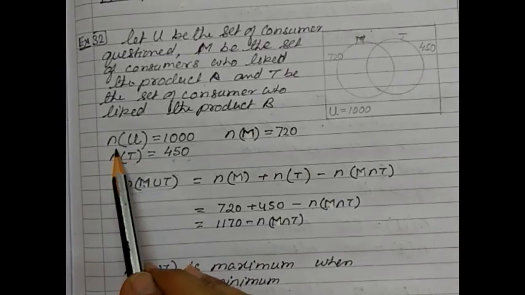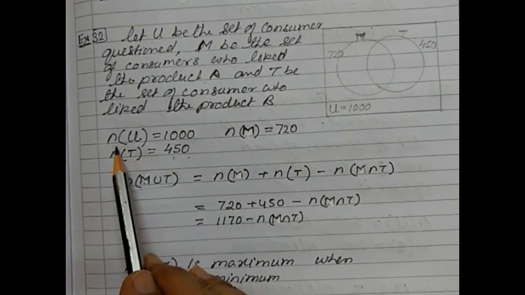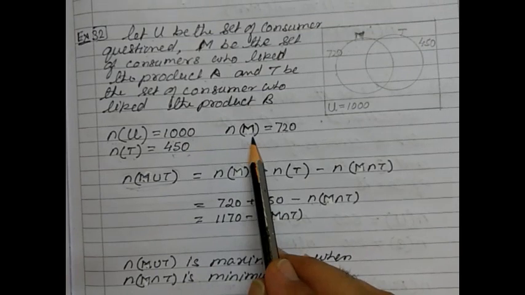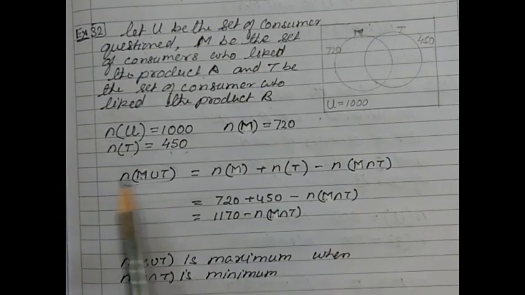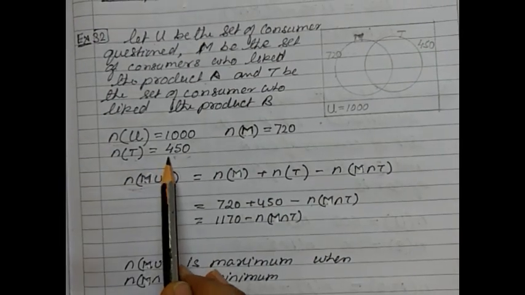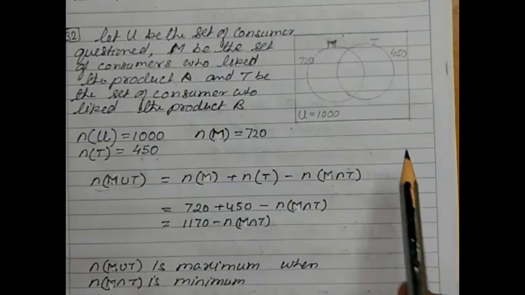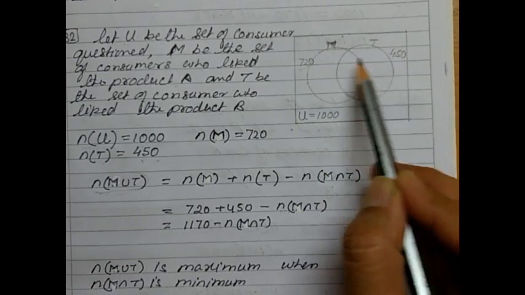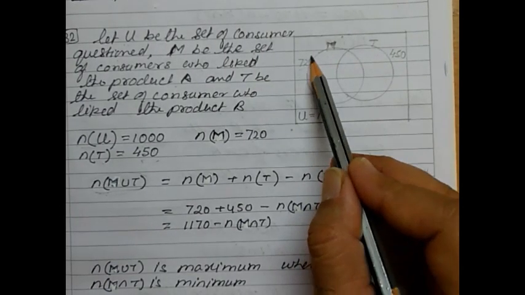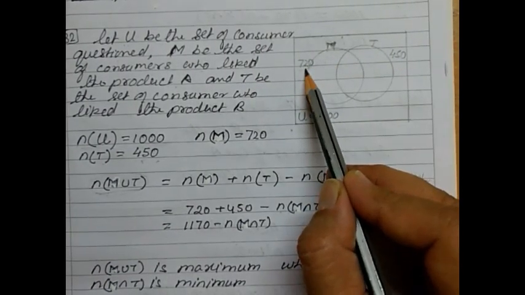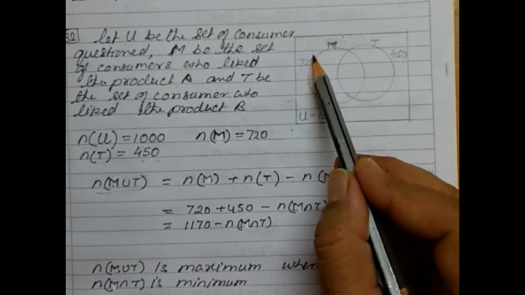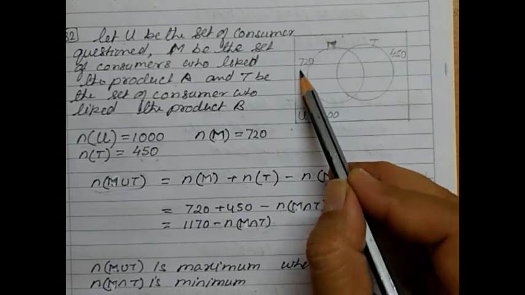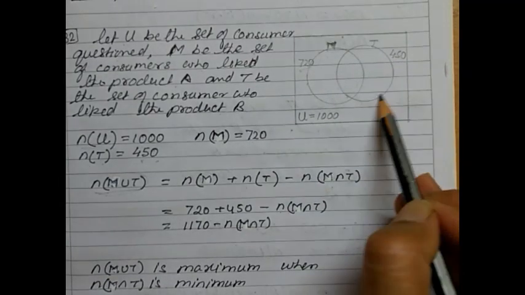The number of people who were questioned was 1000, the number of people who like product A is 720, and the number who like product B is 450, and here it is represented, see, 720 here and 450 here. These are the people who like product A, but it is not mentioned that they liked only A. That's why the whole set is taken as 720, and this as 450.